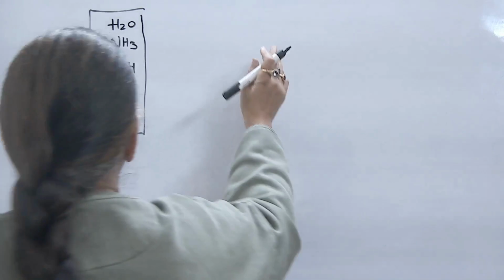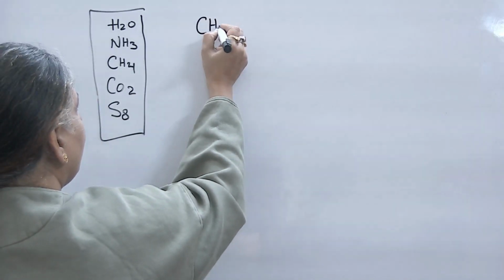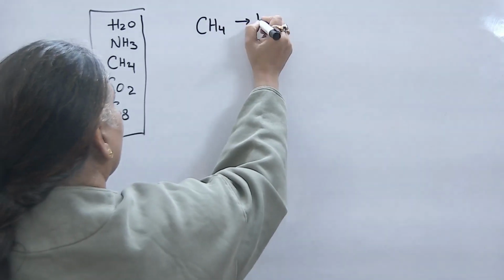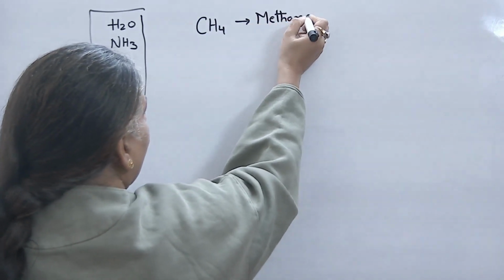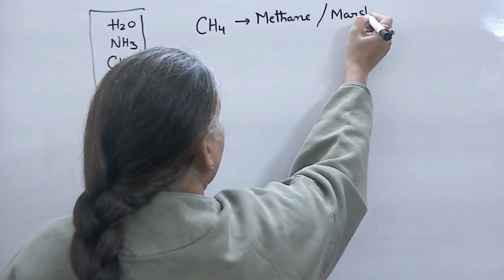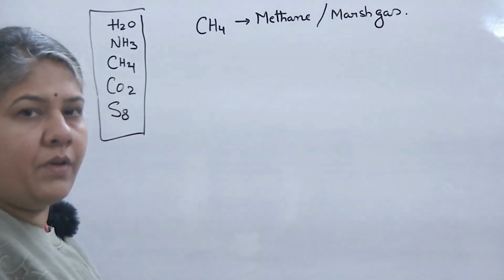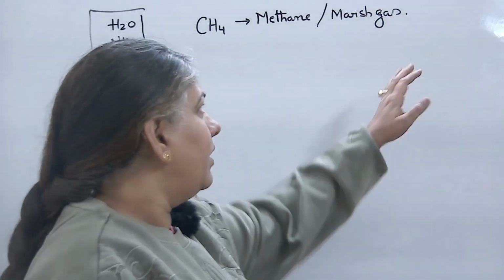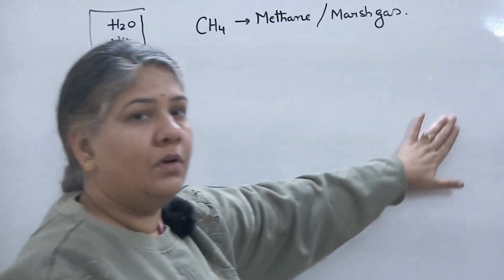Okay, this is one of the simplest carbon compounds, CH4. It is called methane or marsh gas. It is produced as a result of anaerobic respiration in stagnant water, where something is dying.